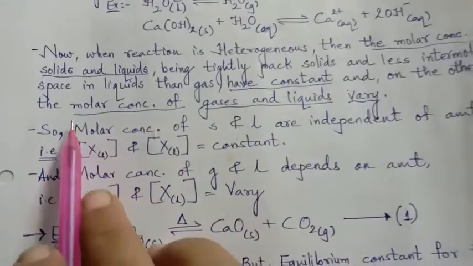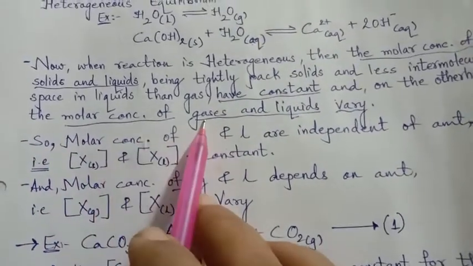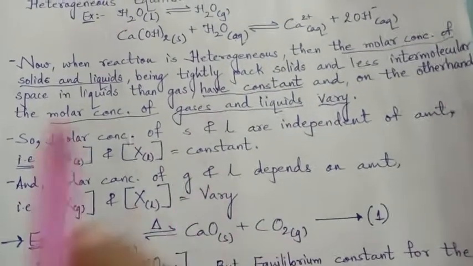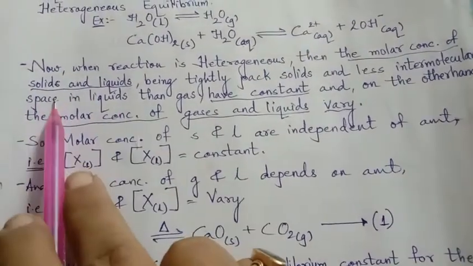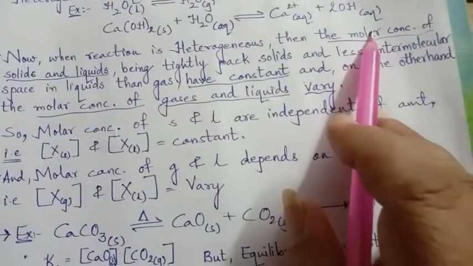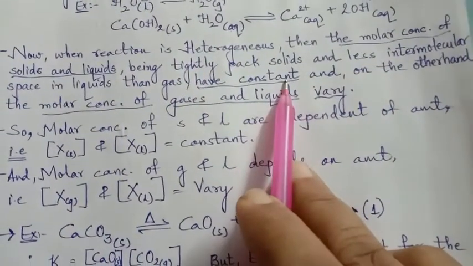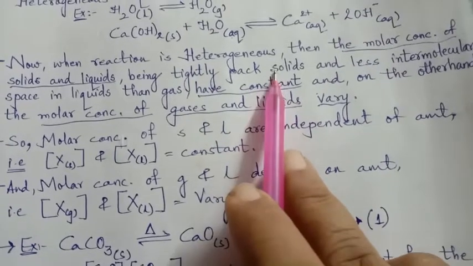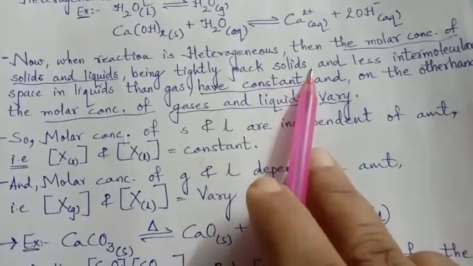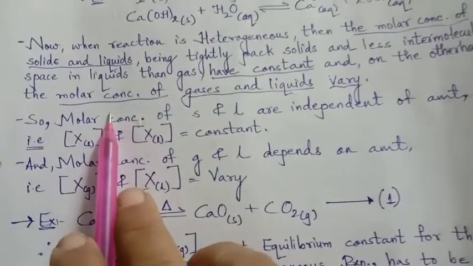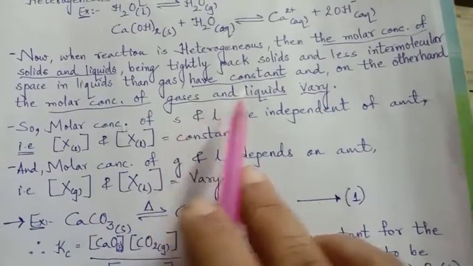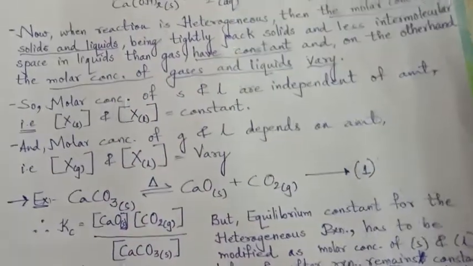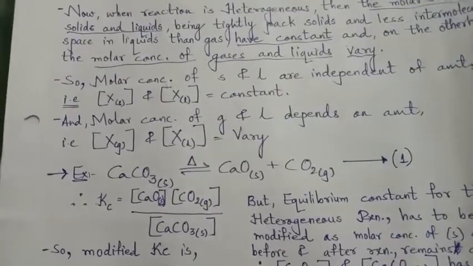On the other hand, the molar concentration of gases varies. When the reaction is taking place between solids and liquids, the molar concentration remains constant before and after the reaction because the molecules are tightly packed. When gases are involved, the molar concentration varies. So we have to keep this in mind.